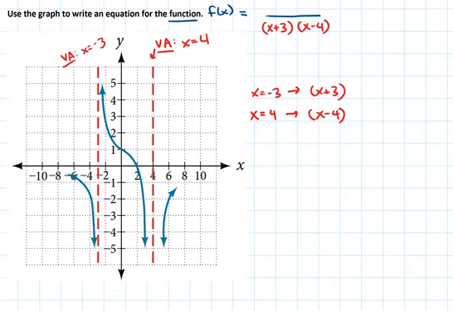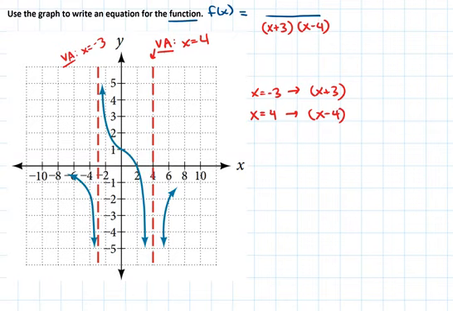Now, there's also important information to be had by looking at the graph. We can tell what the multiplicity of each factor is based on the behavior of the function dealing with its asymptote.